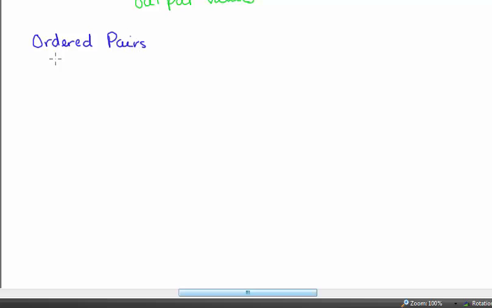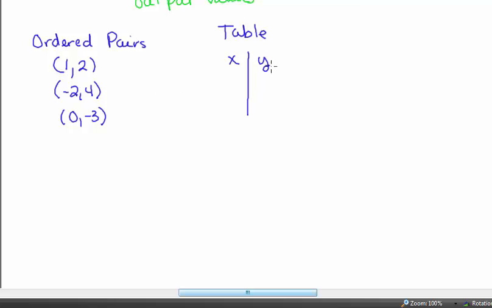They gave us 1, 2, -2, 4, and 0, -3. If I make a table, I have x and y. 1 goes with 2, -2 goes with 4, and 0 goes with -3. Same information.